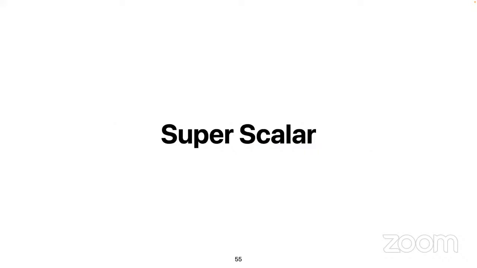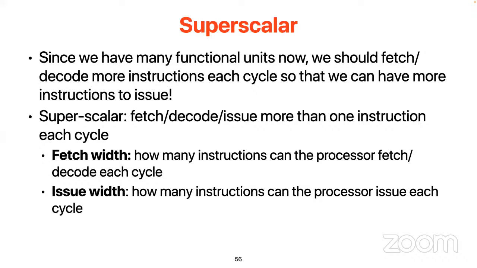The answer is definitely no. In fact, all of our modern processors are now so-called superscalar processors. The idea of a superscalar processor is that we have so many functional units. If we can only see one instruction at a time, we are going to miss out the chance to fully utilize those functional units.